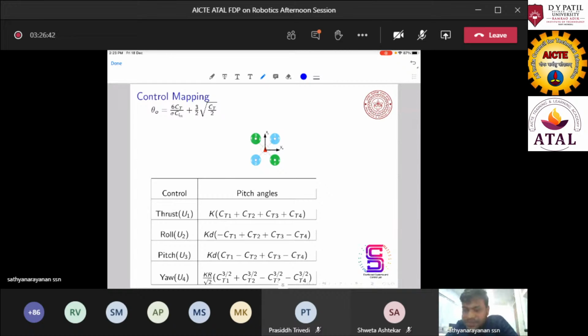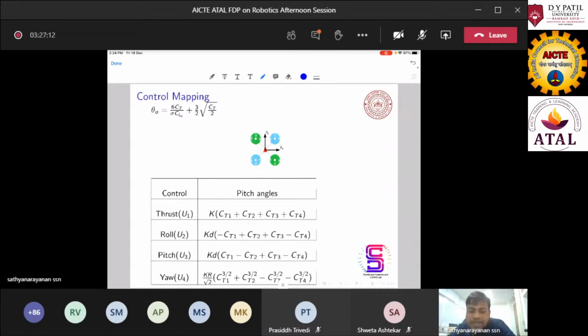We will have a thrust coefficient Ct for each rotor, and the relation between the pitch angle and the thrust coefficient is given by theta naught. The control allocation is almost the same as the previous: thrust U1, roll torque, pitch torque, and yaw torque are almost the same.